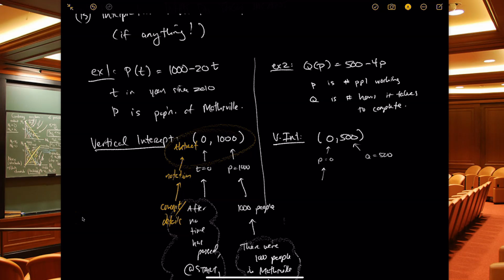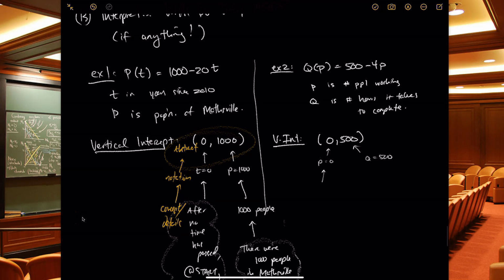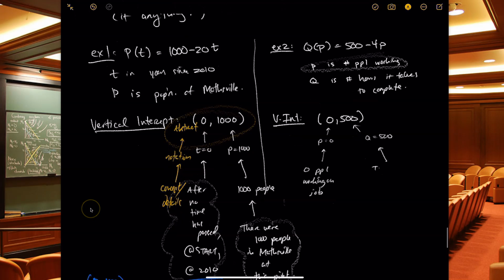What does P equals 0 mean? P equals 0 means there are 0 people working on the job. Q equals 500 means it takes 500 hours to complete.